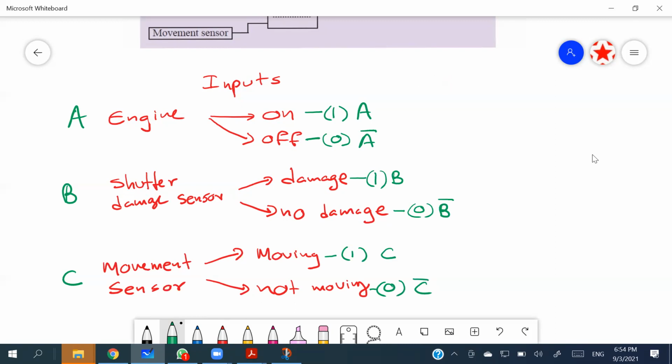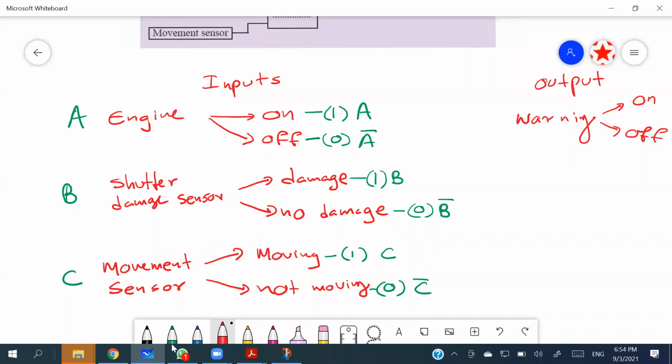And the output, the warning alarm or the warning, right? So warning can be on and warning can be off, right?